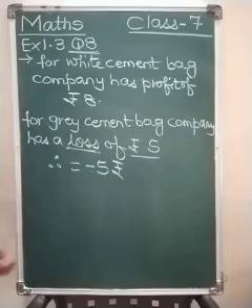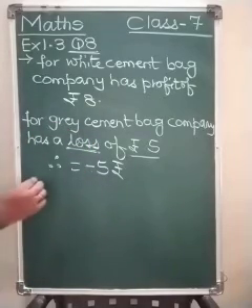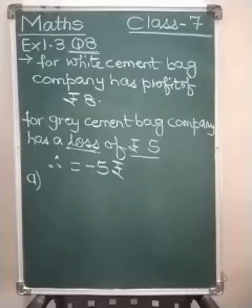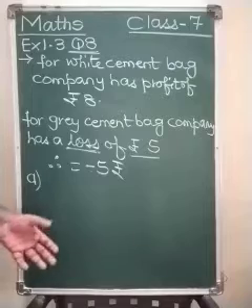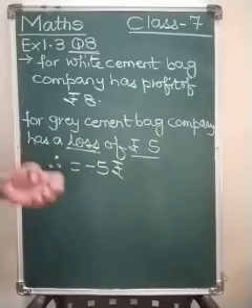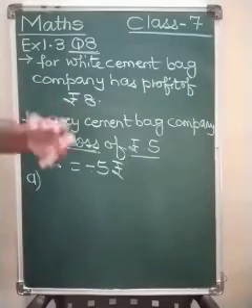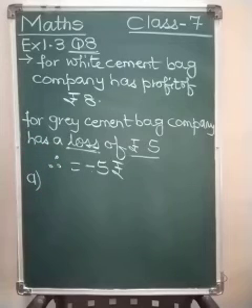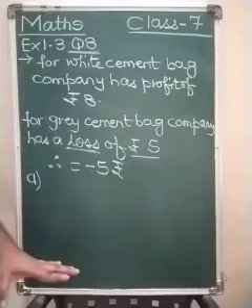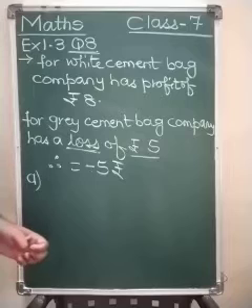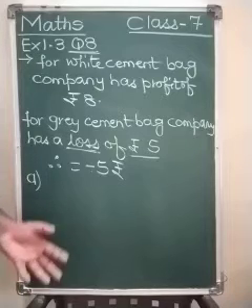Now, in a month, what is given? A part. The company sells 3,000 bags of white cement and 5,000 bags of grey cement in a month. Is it a profit or a loss? We have to see whether the company has a profit or a loss.